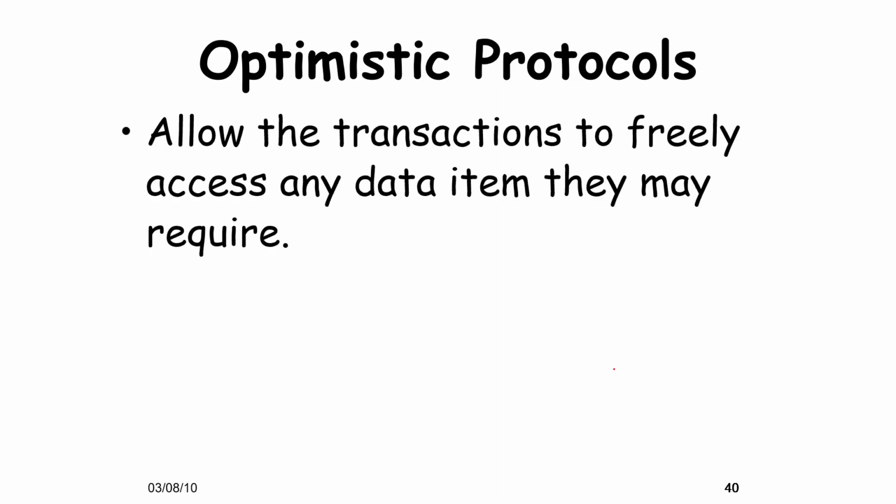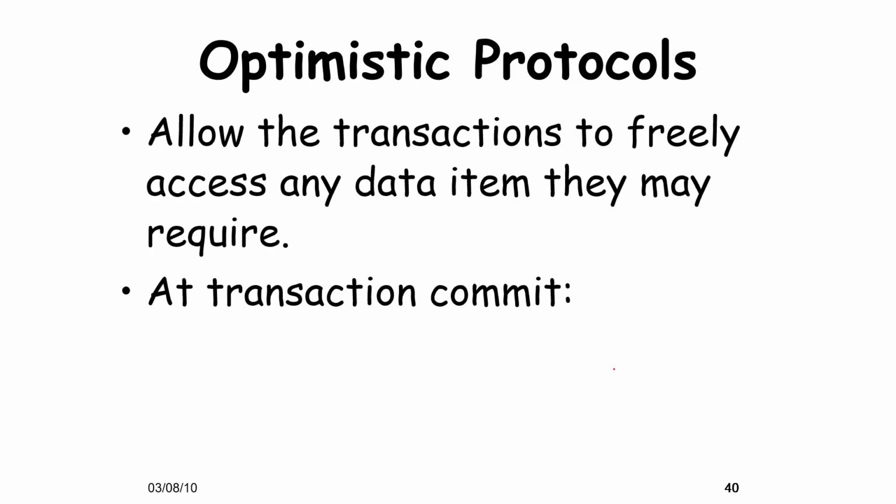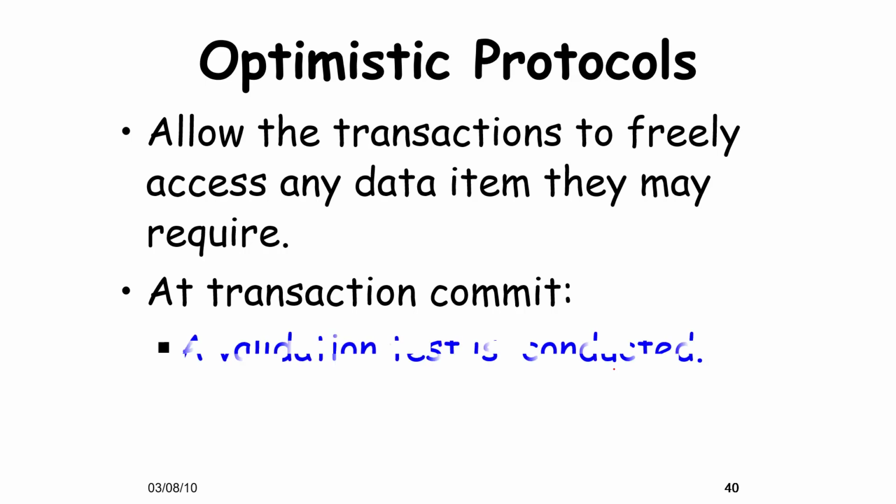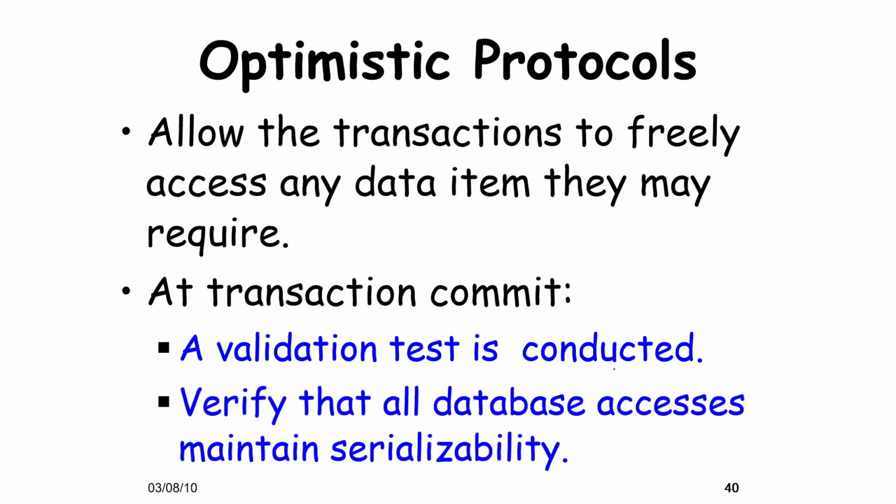So looking at optimistic protocols, where you allow transactions to freely access any data that they require without checks, at the end of a transaction, when a transaction is close to being committed, a validation test is conducted to see if we should commit the transaction or not.